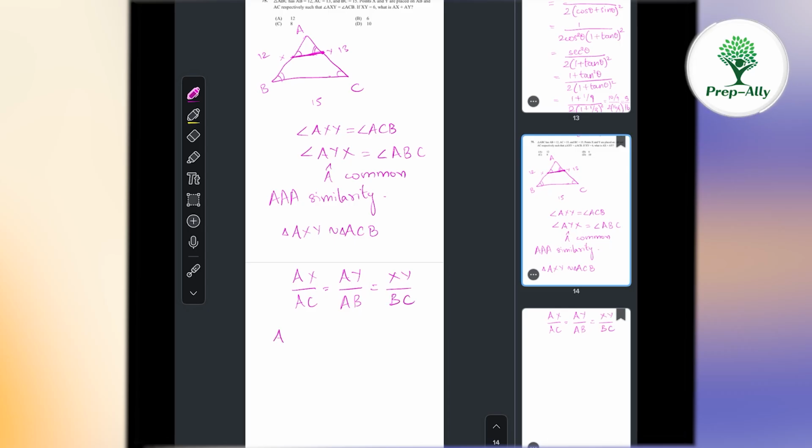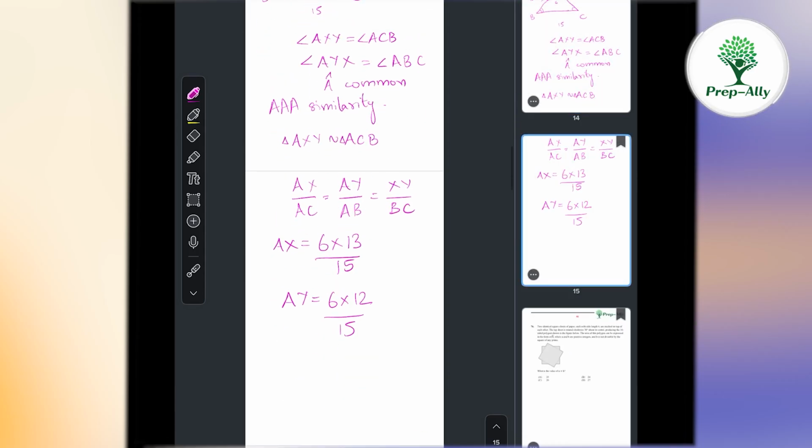So AX equals XY times AC by BC, and XY is given as 6, so we have AX equals 6 times 13 by 15, and AY equals 6 times 12 by 15.